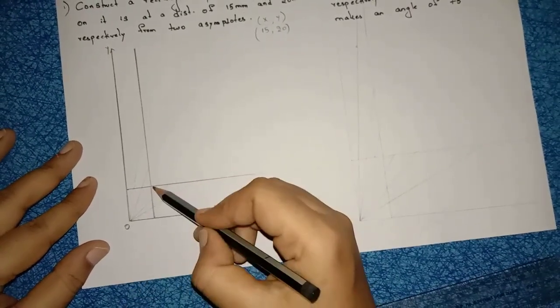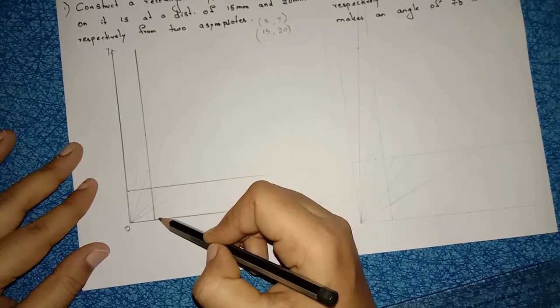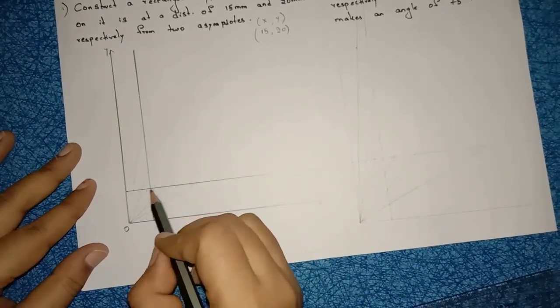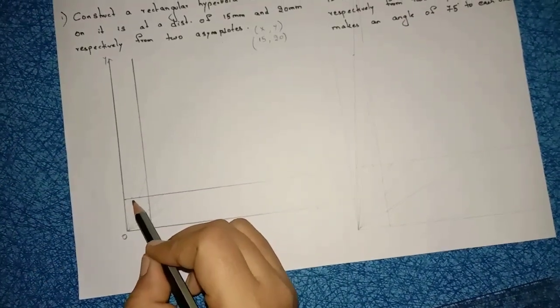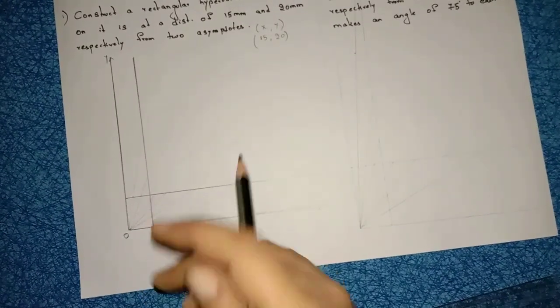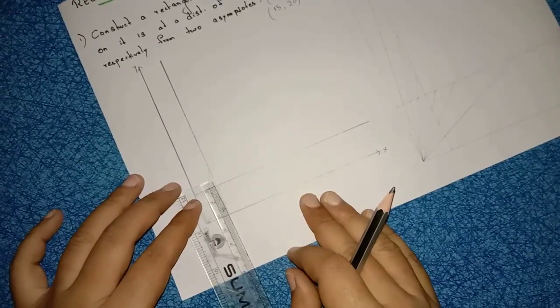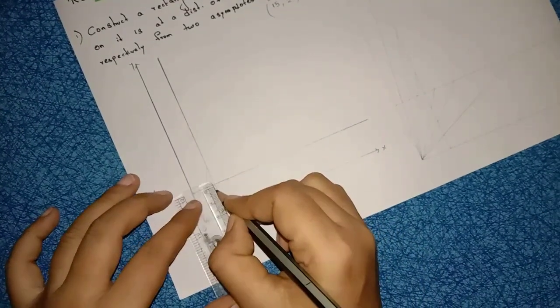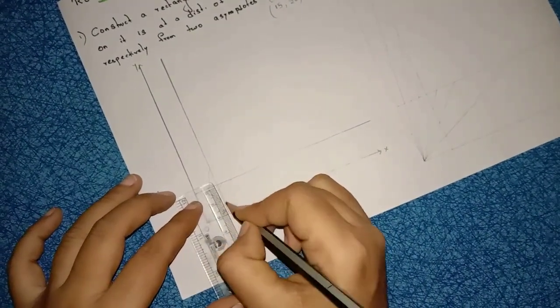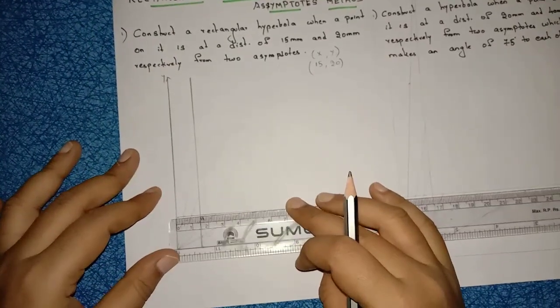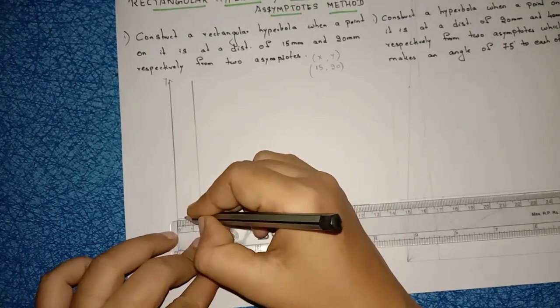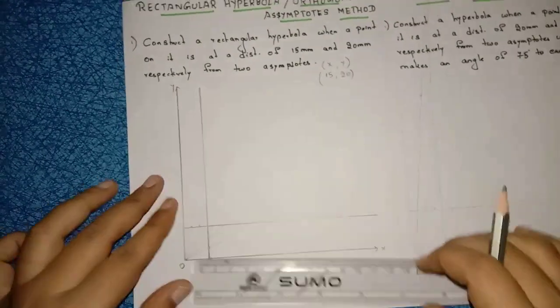So I can divide this 20 mm into 4 equal parts easily. I can divide this 15 mm into 3 equal parts easily. So I am dividing this 20 into 4. Each unit is 5 mm, right? I am dividing into 4 equal parts, and I am dividing this 15 mm into 3 equal parts.